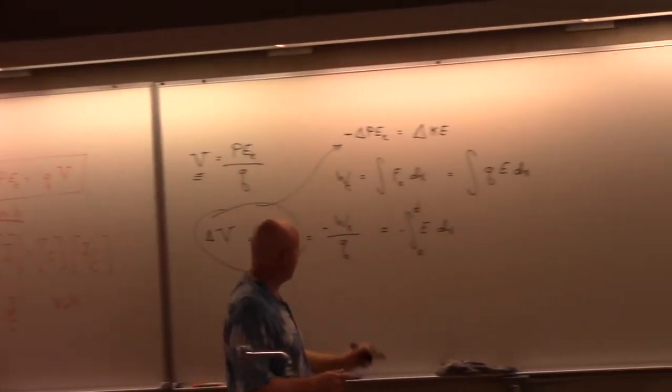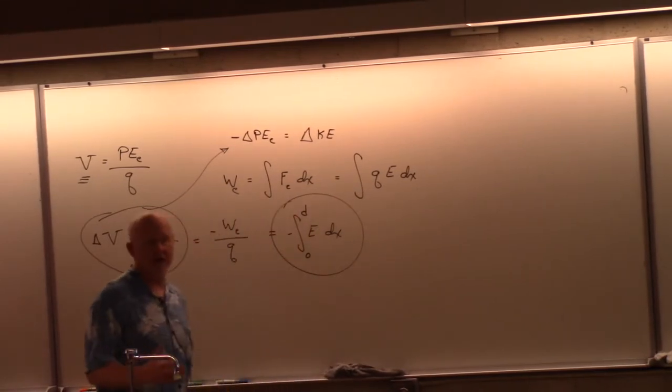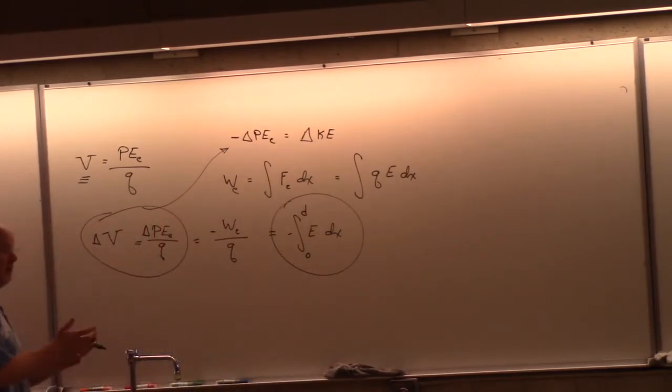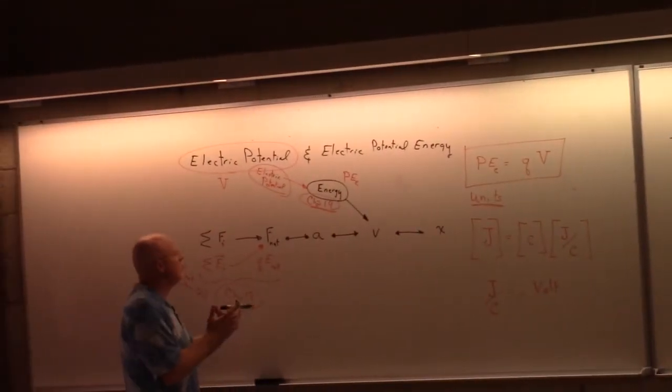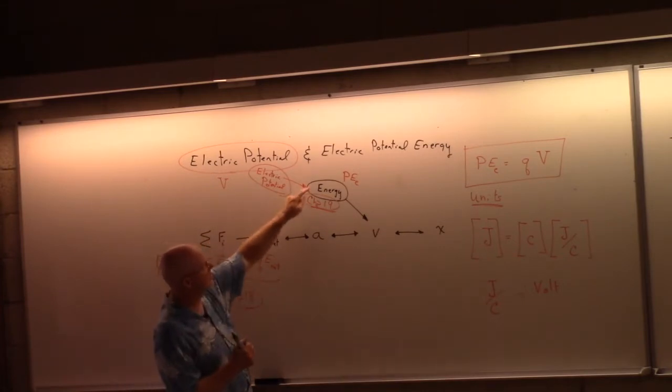But the big thing I wanted you to see is this integral. Because we'll do this twice. We'll do it first for this parallel plate, and then we'll do it for a point charge. But if you just integrate the electric field, you're going to get the potential. And doesn't that make sense? Wait, come back over here to this chart. Before we started this semester, we said if you integrated the force, you got the energy.